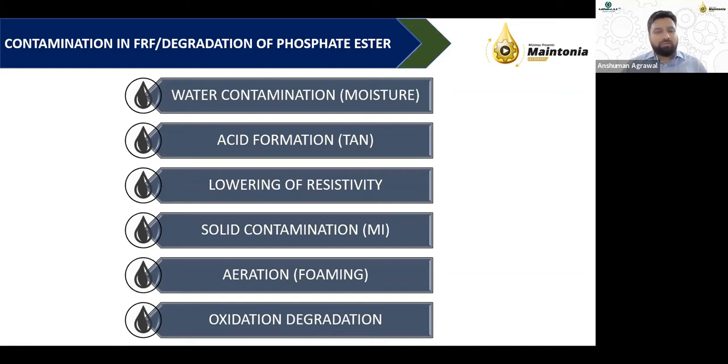So the requirement of fire resistant fluid in a thermal power plant is more of a safety requirement than a performance requirement, in my opinion. And when it comes to safety, I'm sure none of you would like to deviate from your safety standards or compromise, and hence the usage of fire resistant fluids would never stop. So it's better to start learning how to maintain it better. Am I right, Mr. Yogesh?